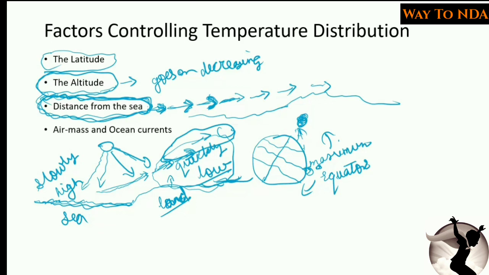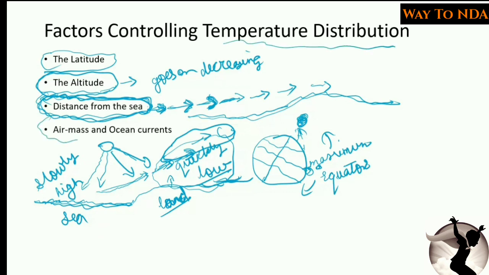You will find the extremes of both winter and summer in Delhi or the northern area, because they are far away from the sea and there is no sea breeze to moderate the temperature. So this is the basic difference. These are the factors controlling the temperature distribution.